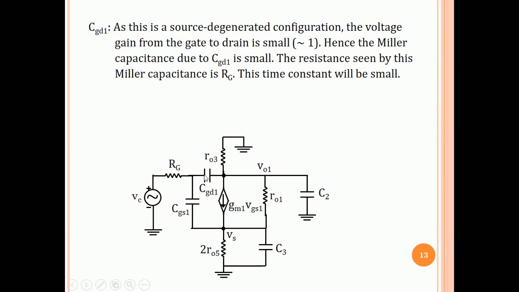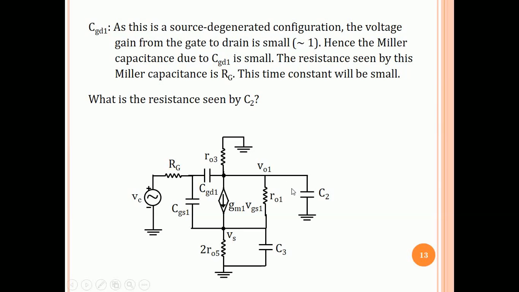Therefore, the Miller capacitance due to CGD1 is small. CGD1 is already small and it is getting multiplied only by about 1. This is minus 1 actually. And so when reflected to the input, the Miller capacitance is small. So the time constant associated with the Miller capacitance is also small because Rg is typically not very big. So CGD1 contributes minimally, CGS1 contributes minimally to the total time constant.